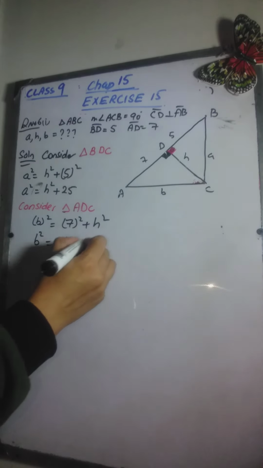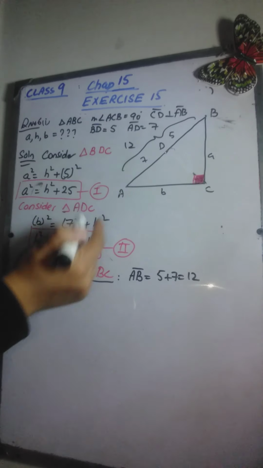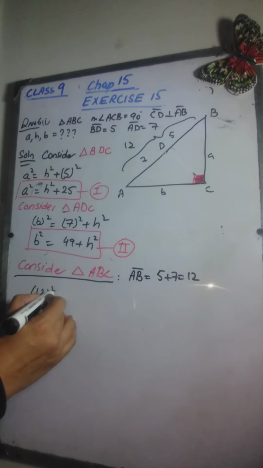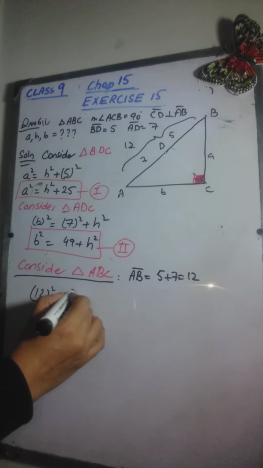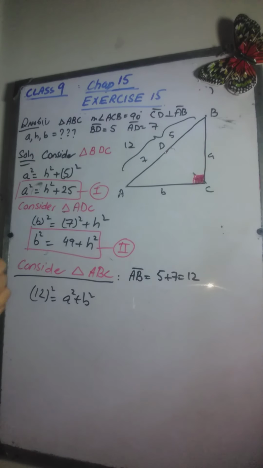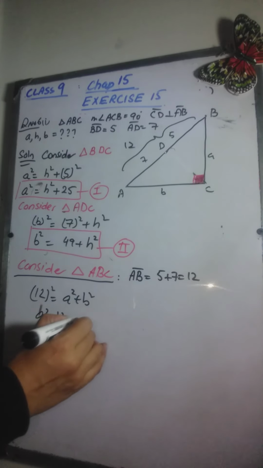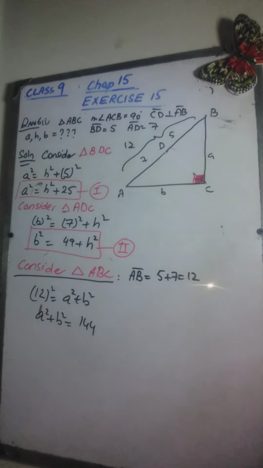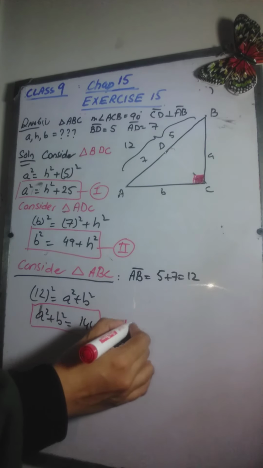The length of AB is equal to 5 plus 7, which is 12. So this whole length is 12, and it is the hypotenuse. So its square will be equal to a square plus b square. So we have three equations here, and the third equation is a square plus b square is equal to 144.